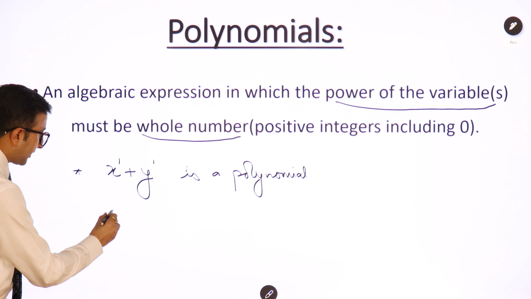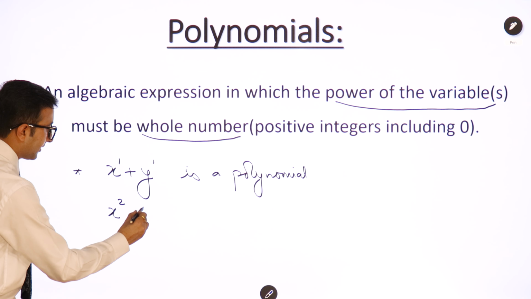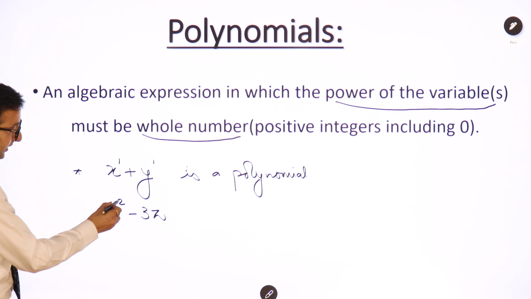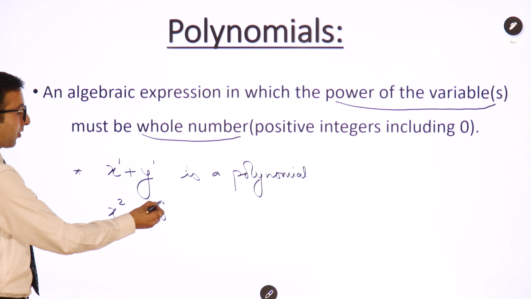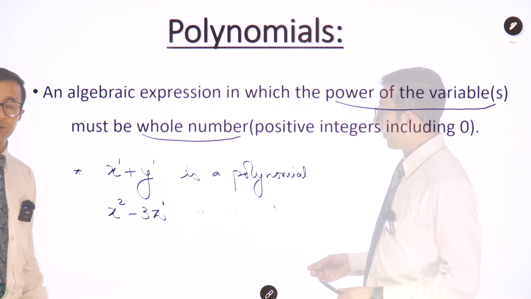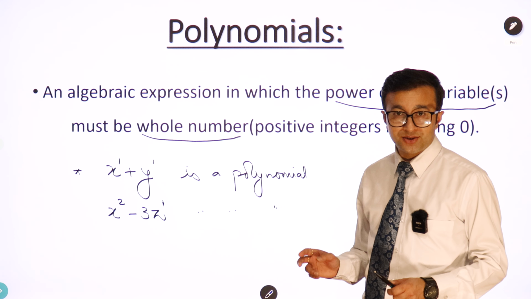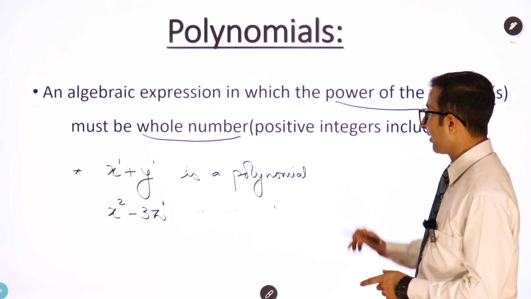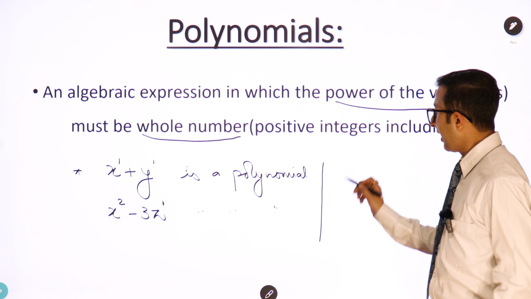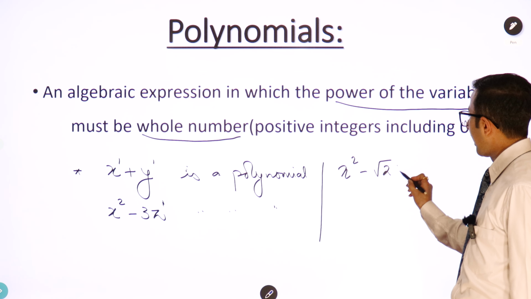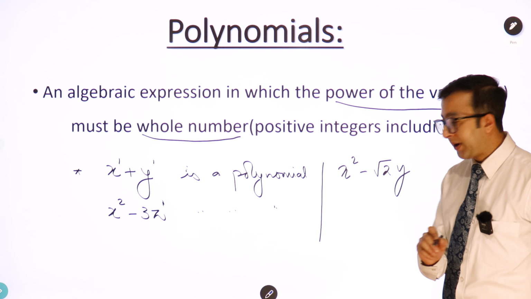Next, if I have written x square minus 3z, here x has power 2, z has power 1, so this is also a polynomial. You only need to check the power of the variable. If the power of the variable is a whole number, then it becomes a polynomial. One more example: x square minus square root 2 y.